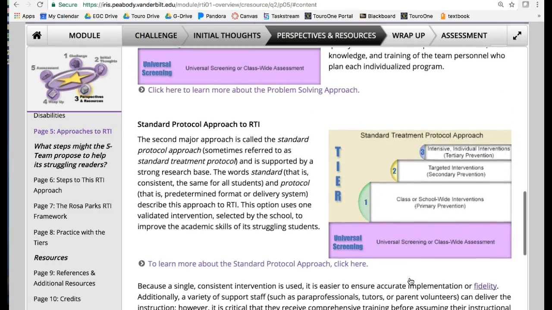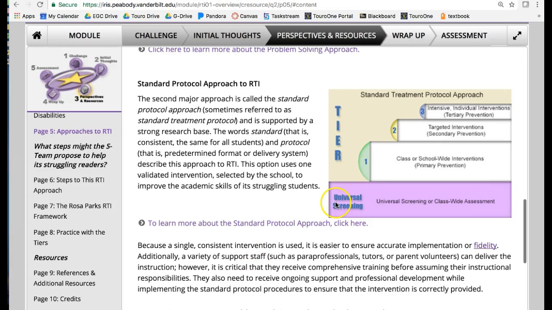The standard protocol approach has the same model of universal screening, then tier 1, tier 2, and tier 3. But it is looking at standard where it's consistent and the same for all students. So it's not individualized depending on the student. So there's a protocol, and the option uses one validated intervention selected by the school to improve the academic skills of all the struggling students.